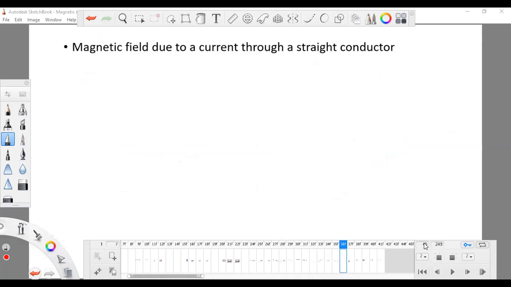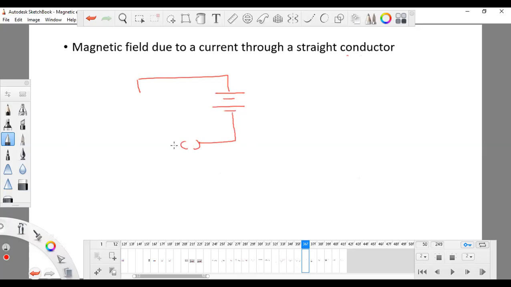Now we are going to learn about another topic, which is known as the magnetic field due to a current in a straight conductor. What is a straight conductor? A straight conductor is something like this: if I draw a circuit, this is my key. I can use a resistance or a rheostat.